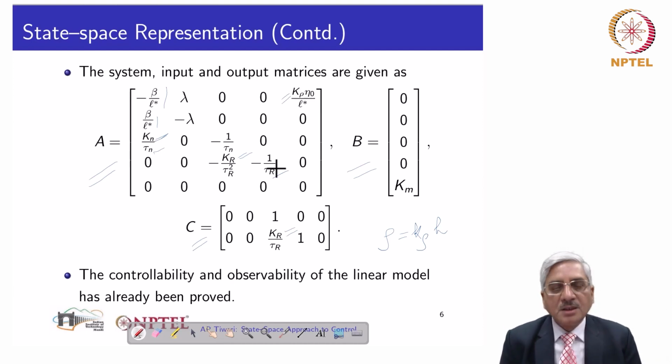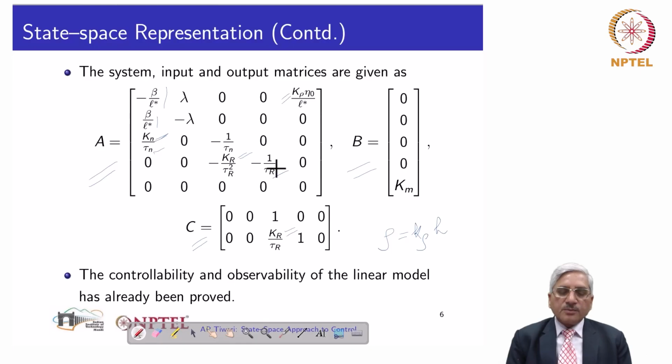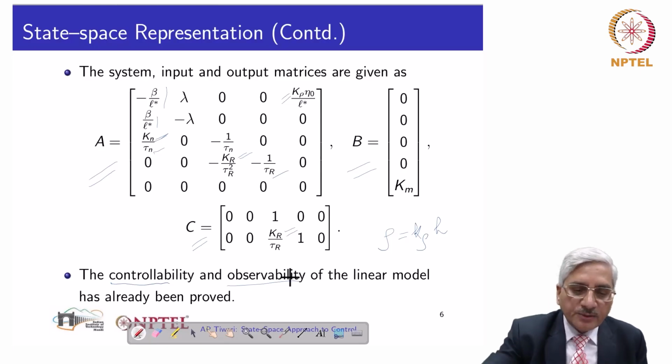And for that continuous time system, x dot equal to Ax plus Bu, y equal to Cx, we proved the controllability and observability analytically, and we also showed through the rank test by substituting the numerical values of various parameters and the constants. That we did.